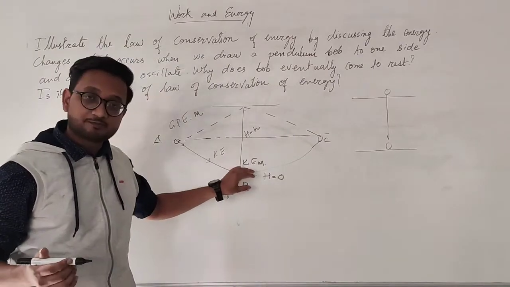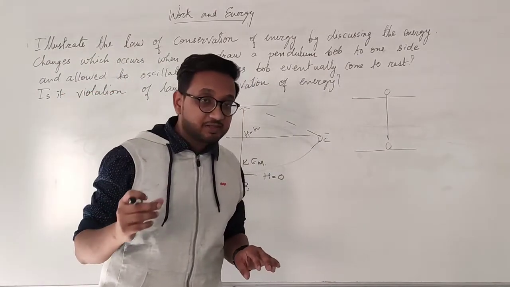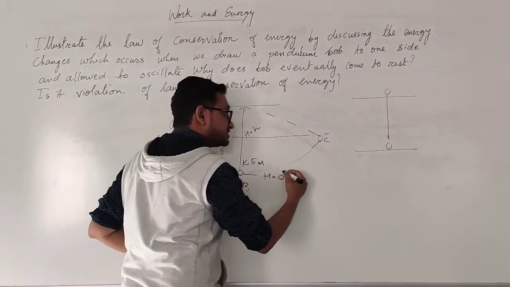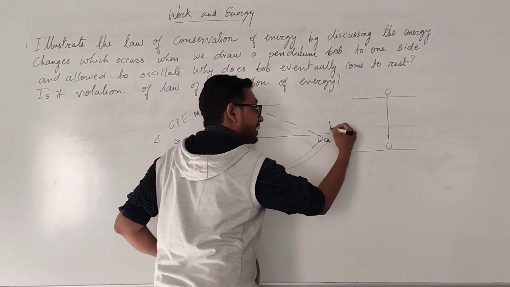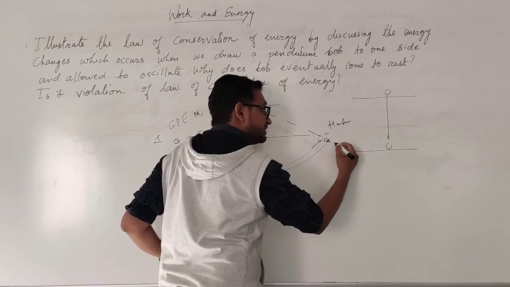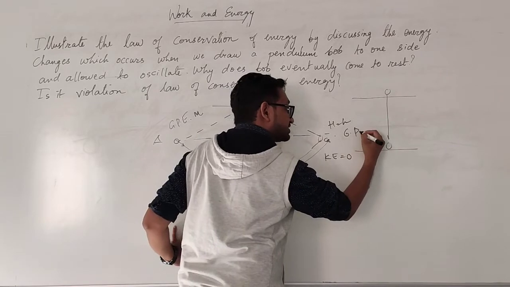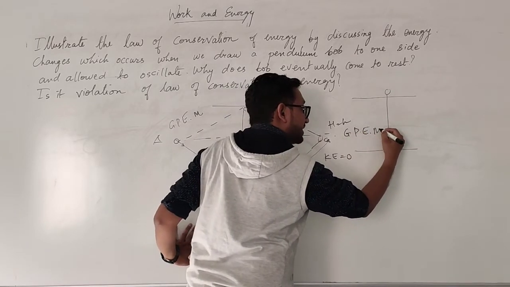Now at this point, because the bob is already moving, it is going to move forward, and because of its kinetic energy, it is going to reach a certain height h, and once again its kinetic energy will become 0, and its gravitational potential energy will become maximum.